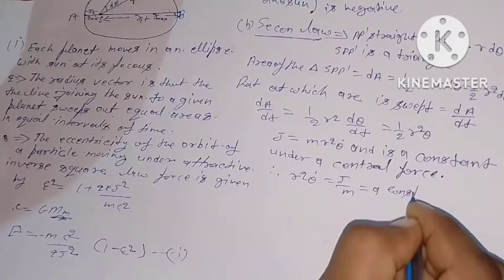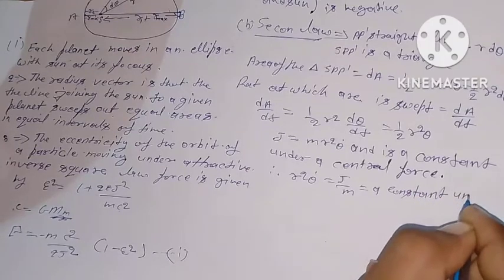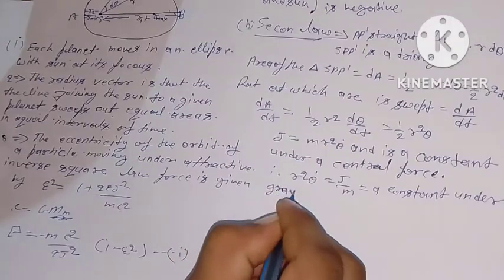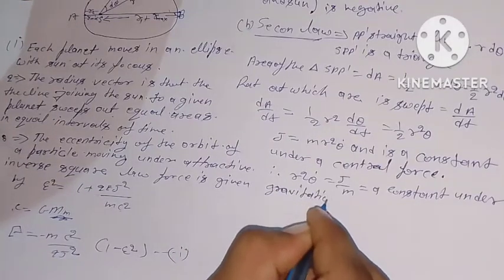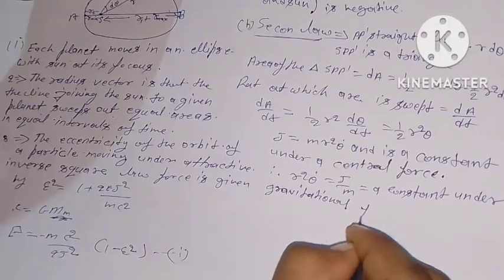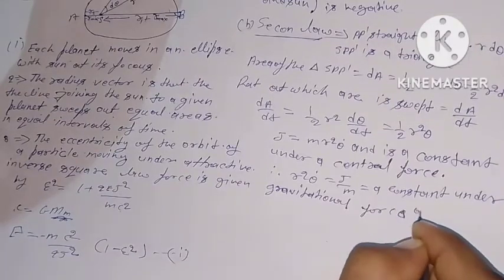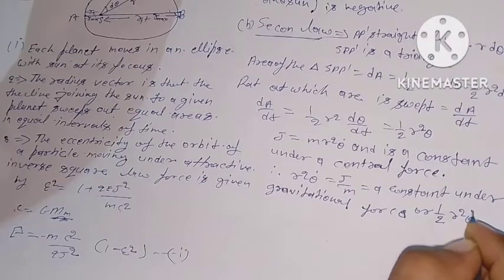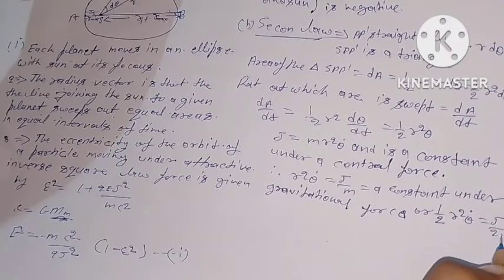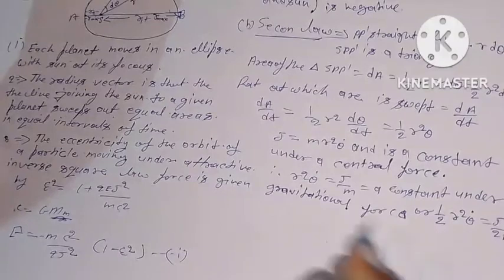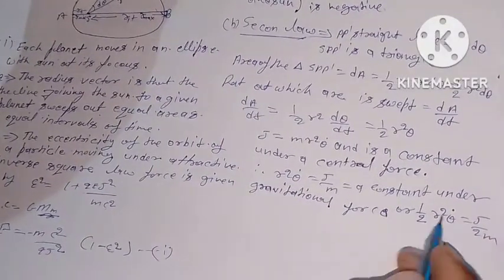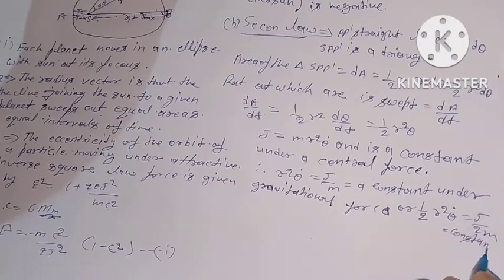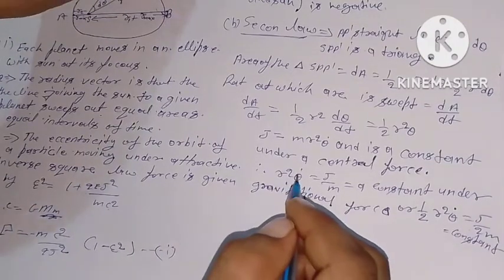Then 1 by 2 r square d theta by dt equal to J upon 2m equal to a constant.